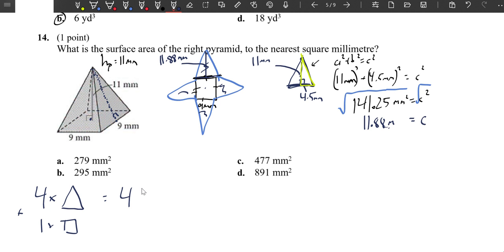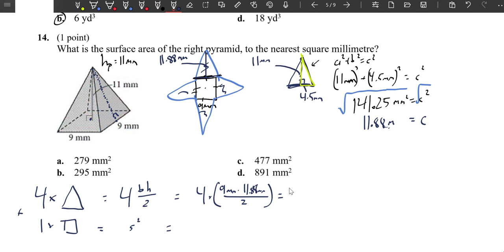So area of a triangle is base times height, base times height over 2. And for a square, it's just side squared. So this is 4 times, what's our base? 9 millimeters. Our height is 11.88 millimeters, and divide by 2.